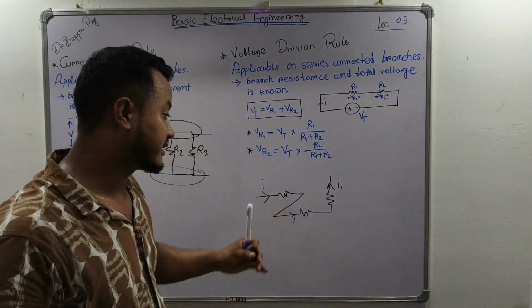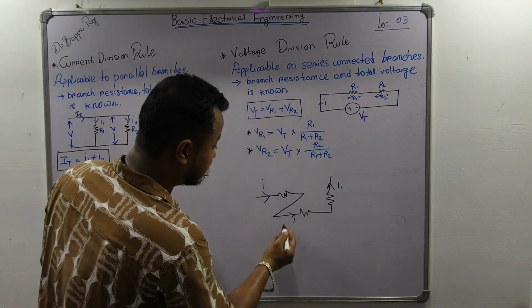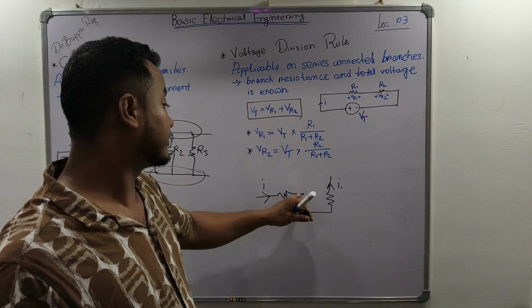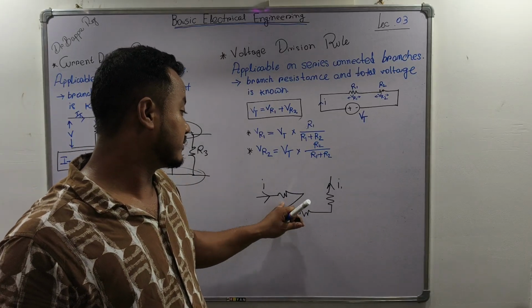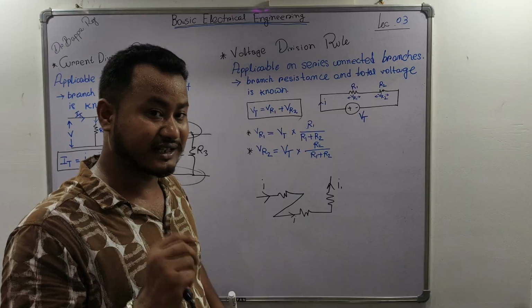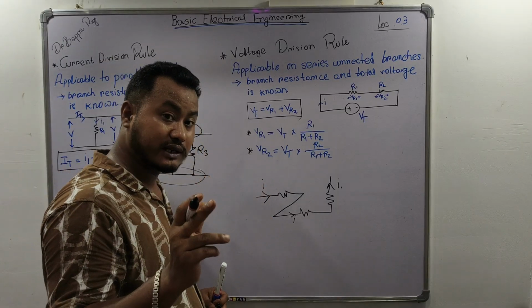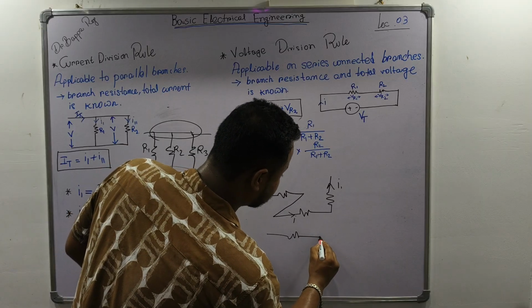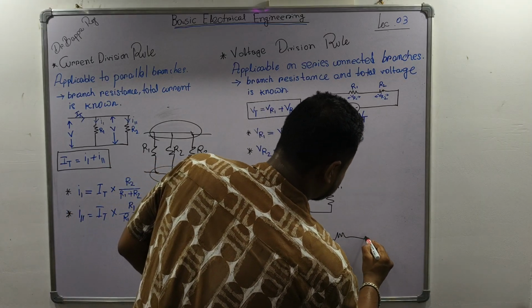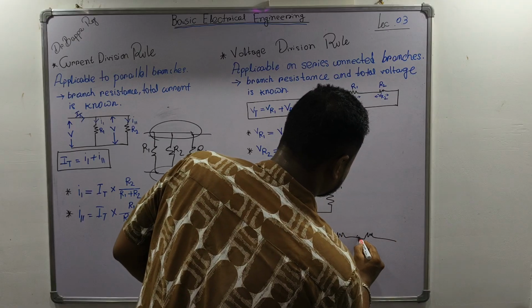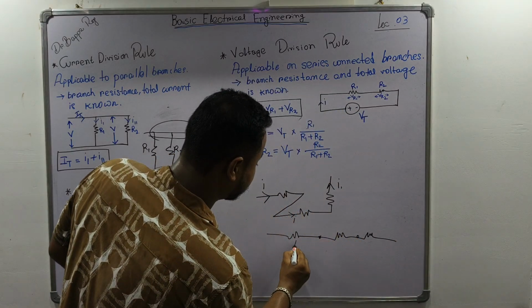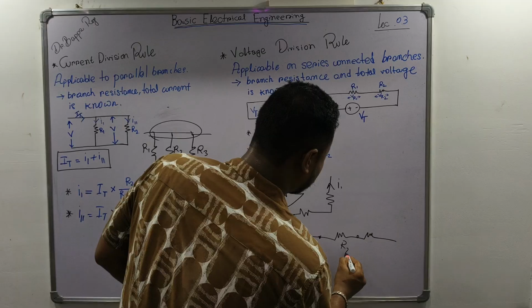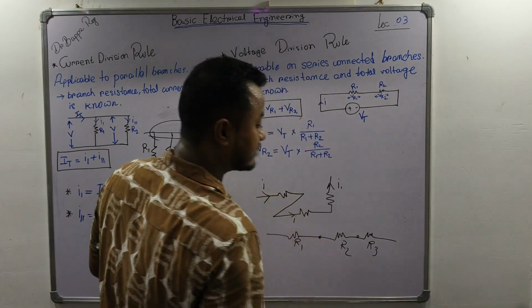Okay, this is series connection, which means only one end of the branches is connected. Series representation: this is R1, R2, R3.